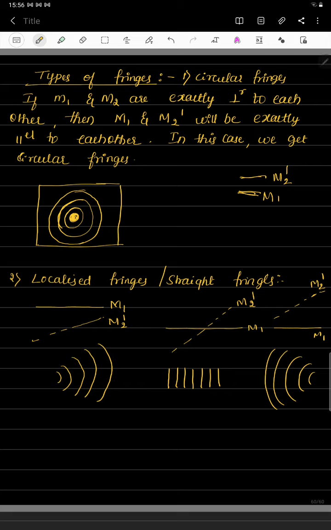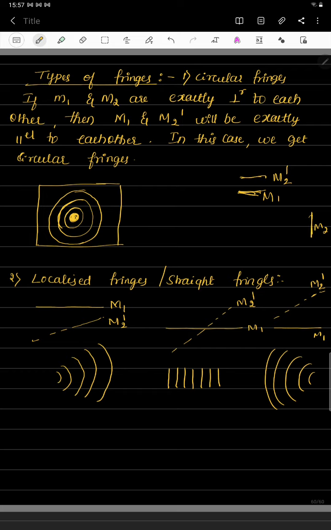So when are you going to see these kinds of fringes? When the mirror M1 and the virtual mirror M2 dash, that is the image of M2, are inclined. If M1 and M2 are not exactly perpendicular, if it is tilted, then the air film created between M1 and M2 dash... here will be M1, here will be M2 in the construction of the Michelson's interferometer.